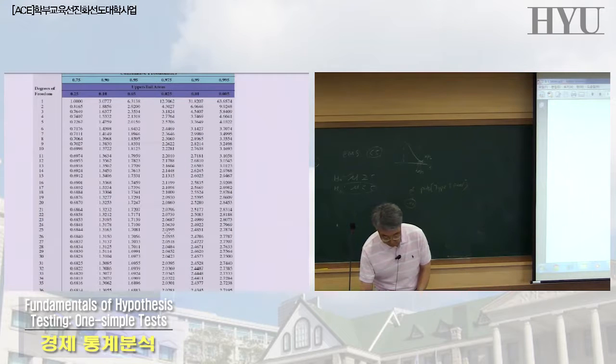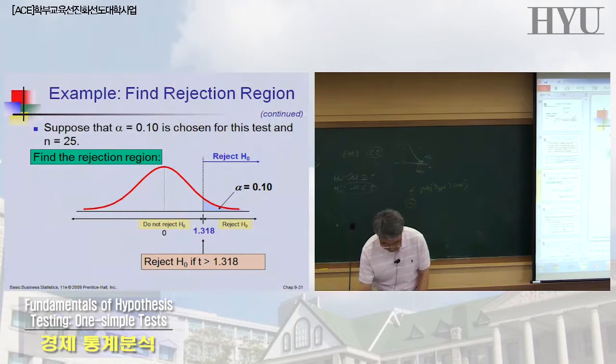If n is 25, then the degrees of freedom would be 24 for the T distribution. And we want to use 0.1 as the alpha level. So if you come down here, the critical value would be 1.317, is that 8? Somehow 8 is upside down, right? Okay, so that's how we found 1.318 as the critical value.